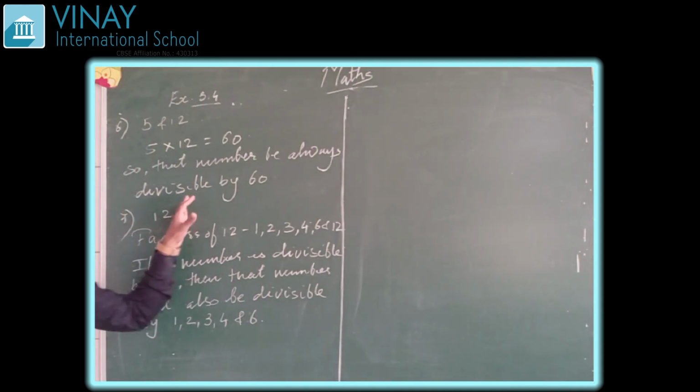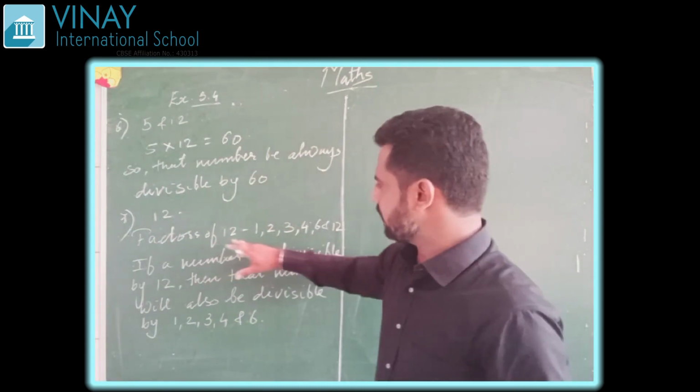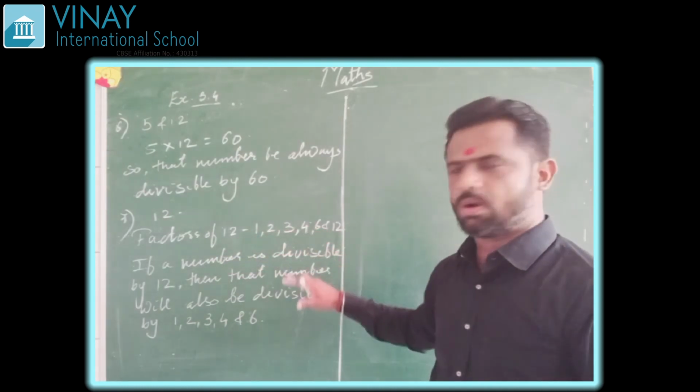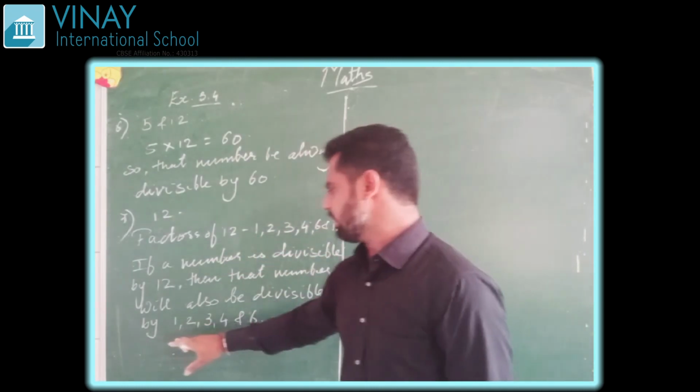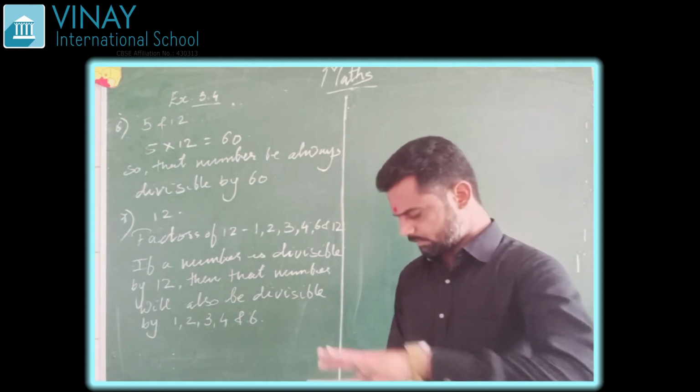If a number is divisible by 12, then it is also divisible by all the factors of 12, that is 1, 2, 3, 4 and 6.